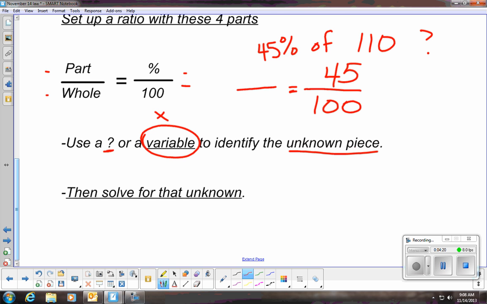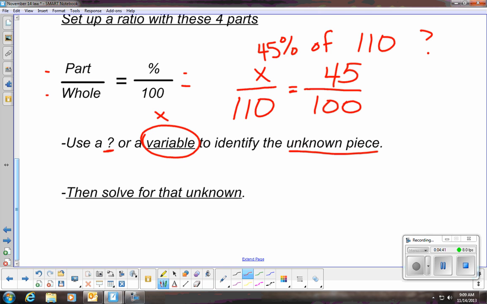What is the 110? Is it the part or the whole? No, it's the whole because we want to know what part of 110 is 45. So the whole is 110. So that means we're solving for the part.